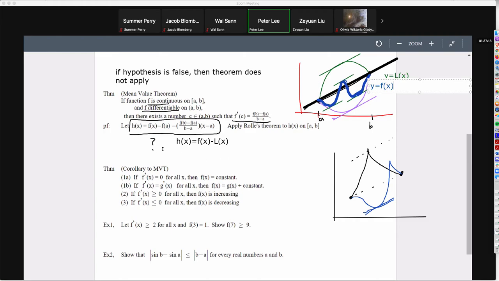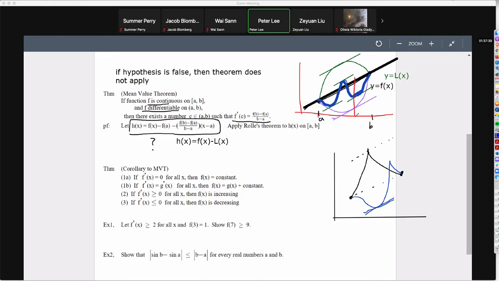And now what is this h of x? It turns out that h of x is this right here. We have the two points here. Let me change my color to black, and let me color this red.